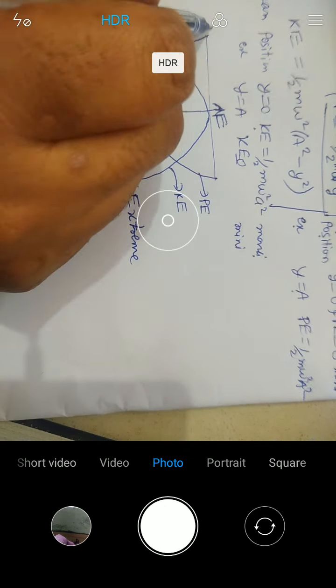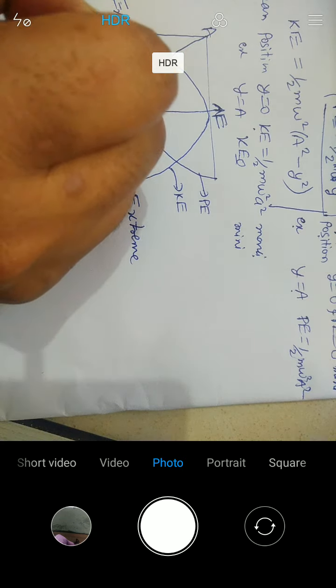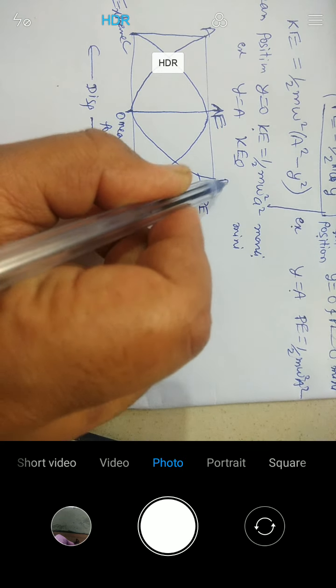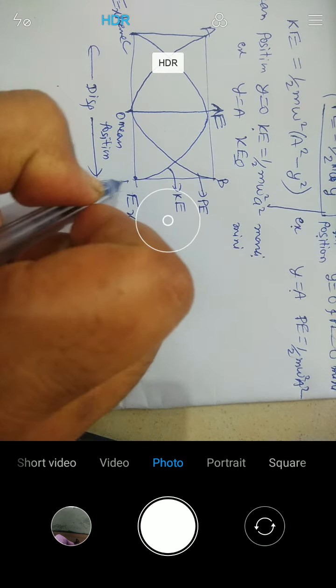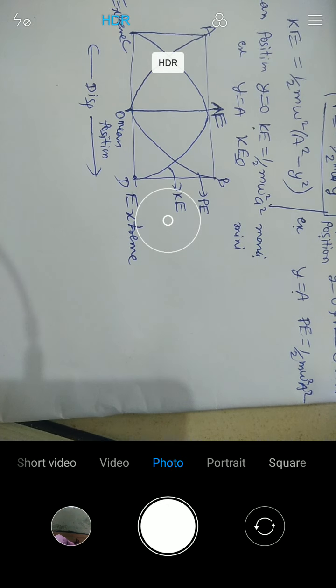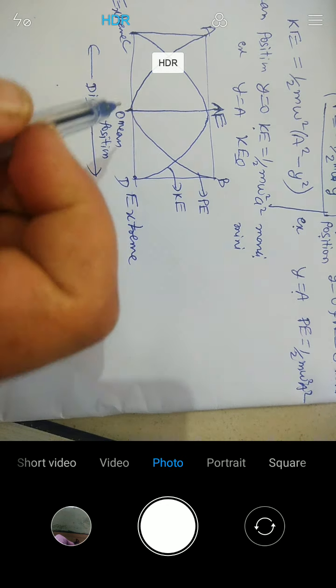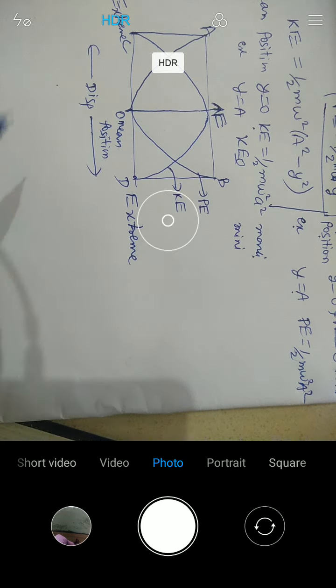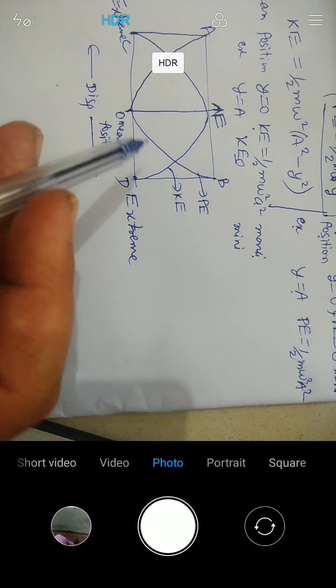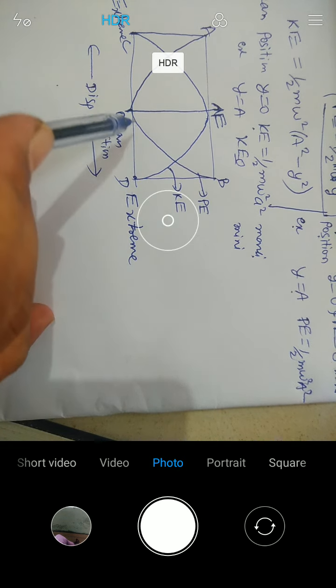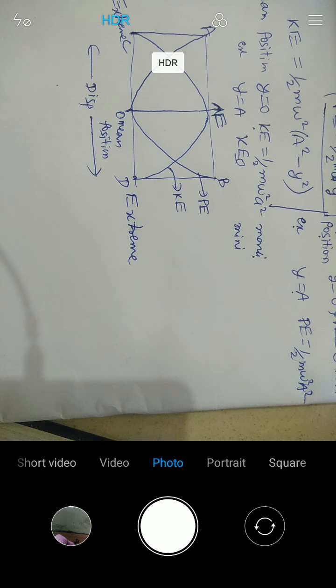I will write here A, B, C, D. According to this graph, this is a displacement energy curve of a particle executing SHM.